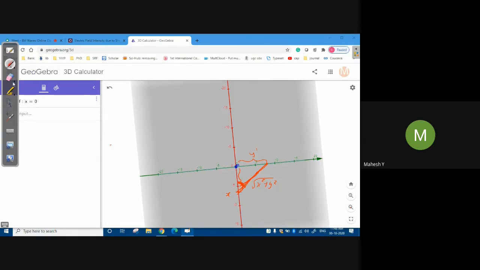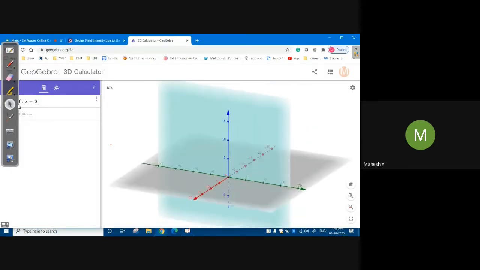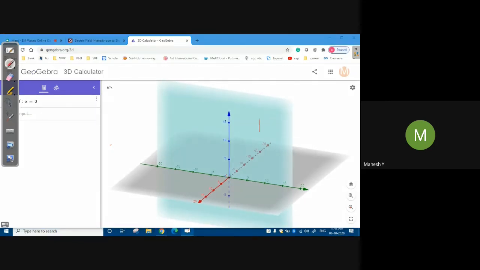Now we'll go for the original image like this. Okay, I'm taking a line here. This is a line which is y dash away from this one, and the rho L is equal to rho S into dy dash. Dy dash is the width of this one.